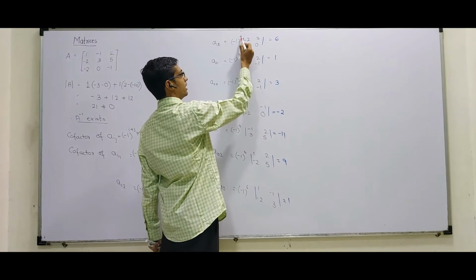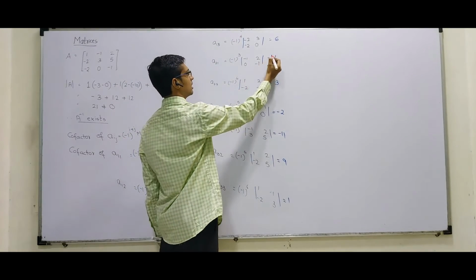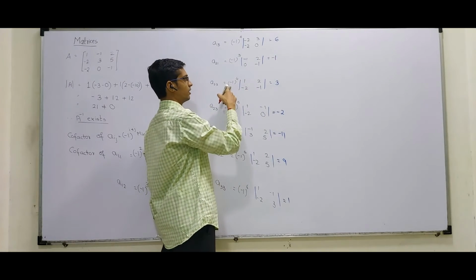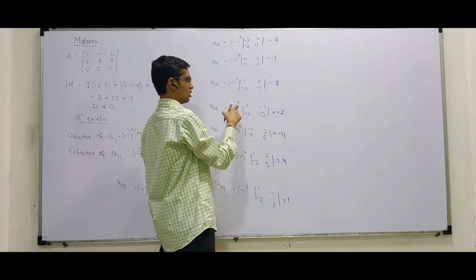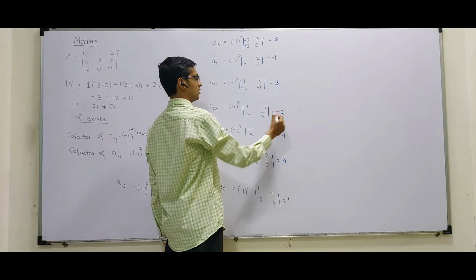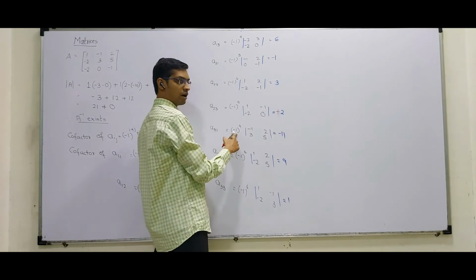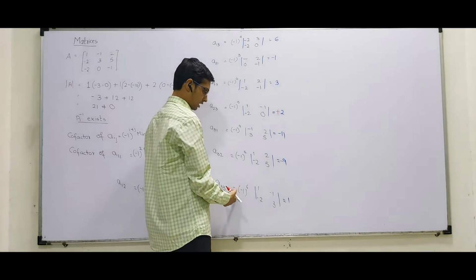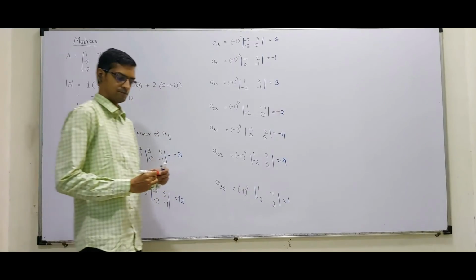Here even पावर है, so no change. ऑड पावर है, चेंज. इवन पावर नो चेंज, ऑड पावर चेंज, तो इट बिकम्स प्लस. पहले -2 था, +2 हो जाएगा. इवन पावर नो चेंज, ऑड पावर चेंज, इवन पावर नो चेंज.